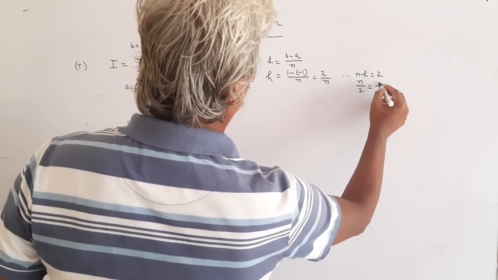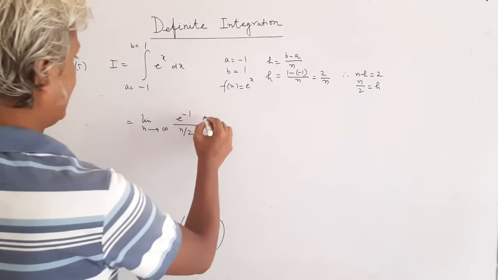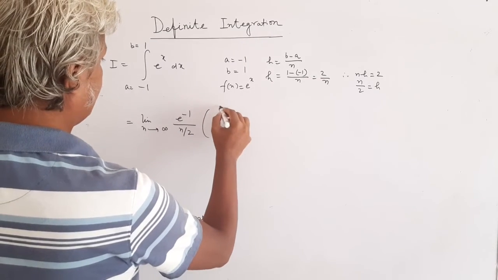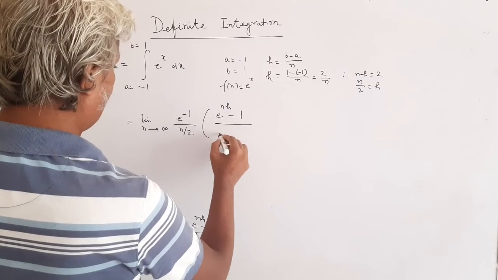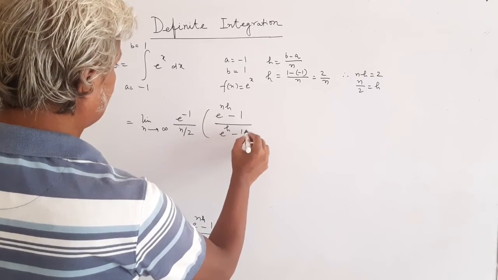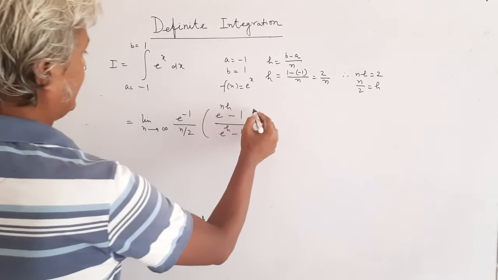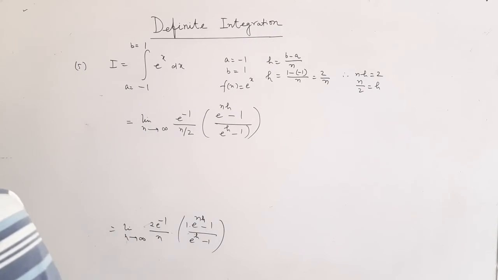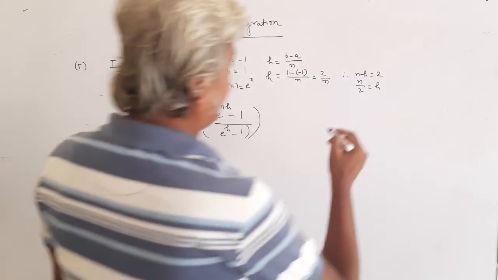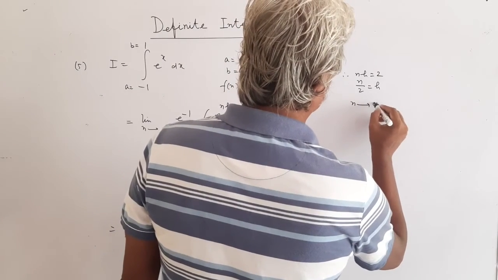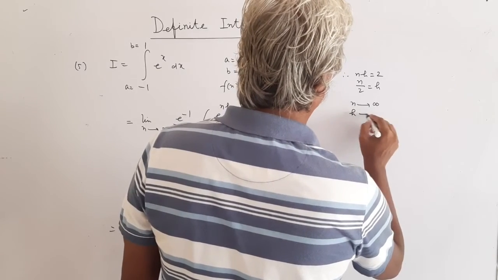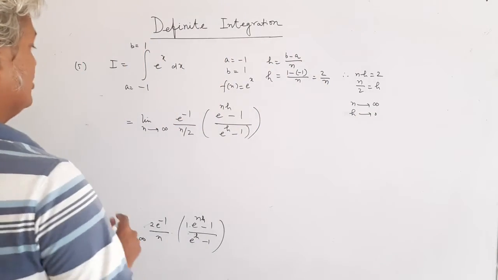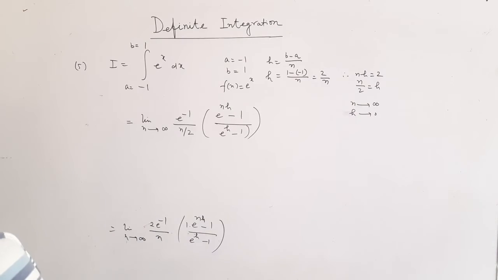And this is e to the power nh minus 1 over e to the power h minus 1. And since we have to use limit, I think we should go this way. But always keep this in your head that limit n tends to infinity is equivalent to h tends to 0.